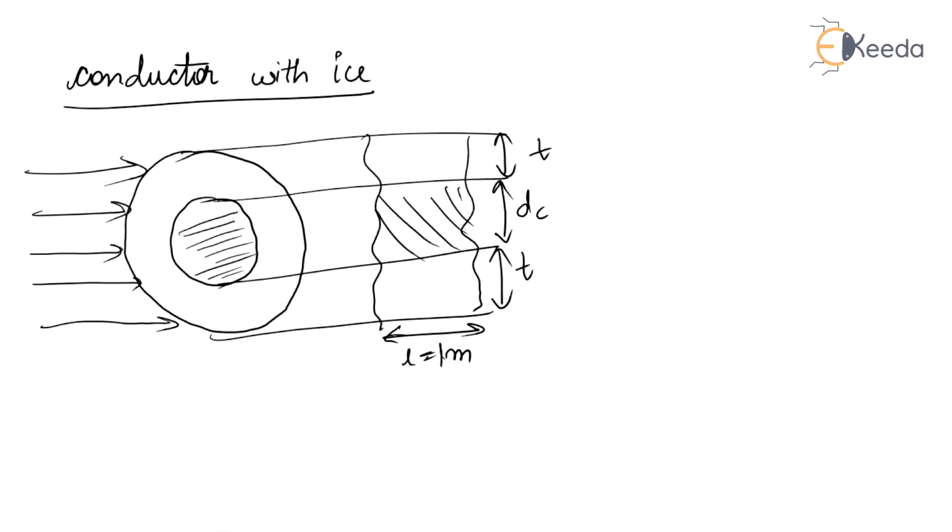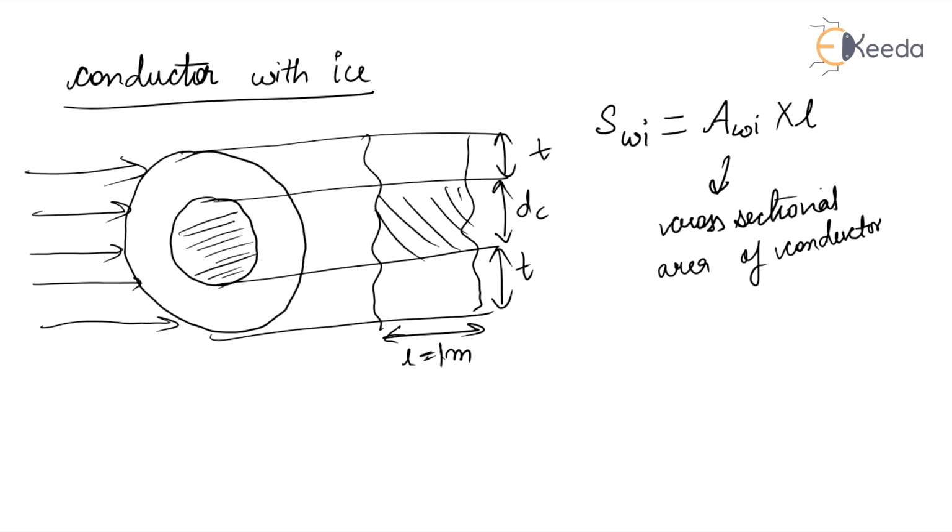Now conductor with ice. So the projected area per meter length of the conductor with ice is SWI equals AWI into L, where SWI is the projected area of conductor covered with ice in square meter per meter length, AWI is the cross sectional area of the conductor covered with ice in square meter, and L is the length of the conductor.